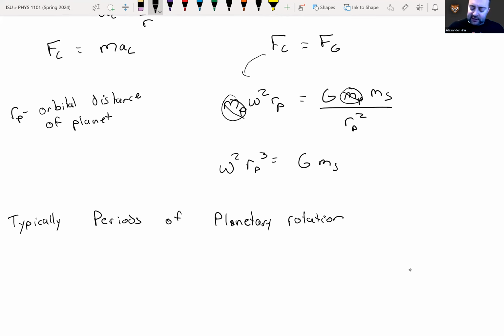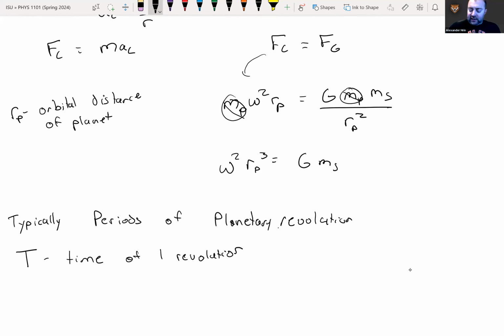And this is typically done with a capital T. Basically it's the time of one revolution. I'll say revolution. Rotation means the spin on the axis. For orbits, we're talking about revolutions here. So time of one revolution.